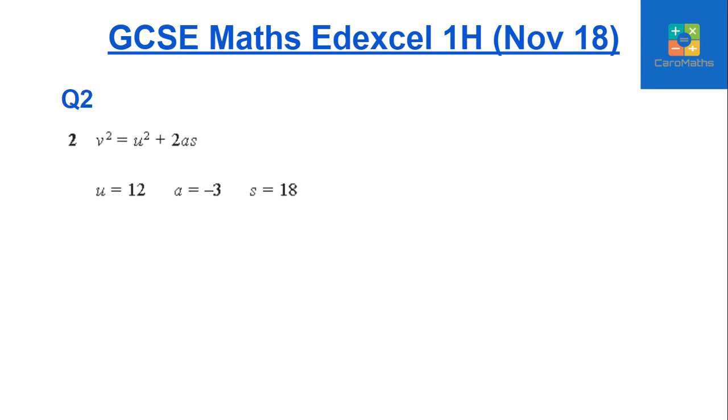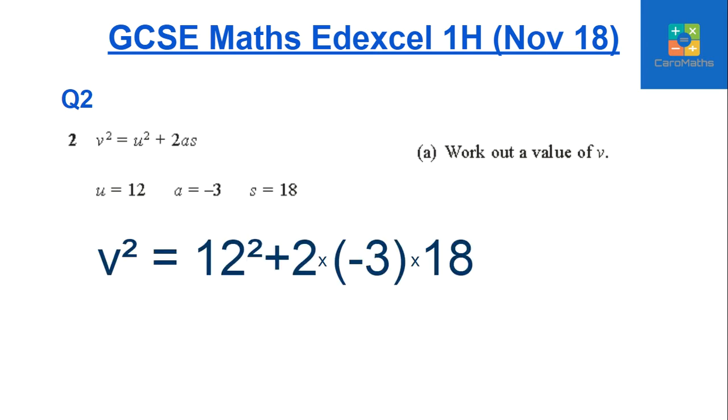Question 2. b squared equals u squared plus 2as. u equals 12, a equals minus 3, and s equals 18. a. Work out the value of b. So what you need to do here is take the equation that they've given and put in the values that they've given. So you get b squared equals 12 squared, because that's u squared, plus 2 times minus 3, which is a, times 18.